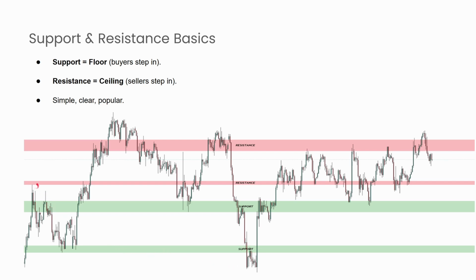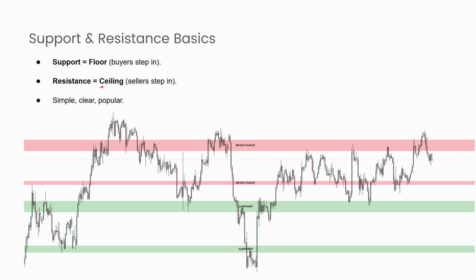This other level above here, price went up, it was rejected, came down. This price went up again to this level, which is close to this. It got some rejection, came down. And then we see price going up again to this level. It is rejected again. What do we call this? We call this resistance. Why do we call it?